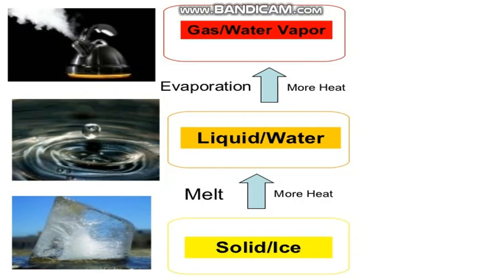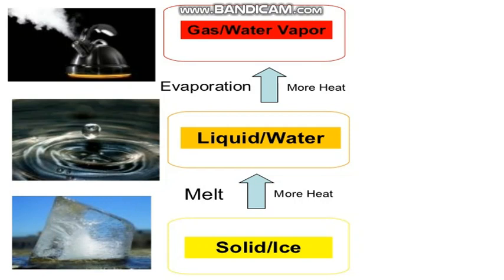For example, what is ice? Ice is a solid. You see the cubes of ice, they are solid at a fixed temperature. When you change the temperature, for example, when ice, a solid, is heated, when you heat the ice cube, what will happen? You see it changes to water.